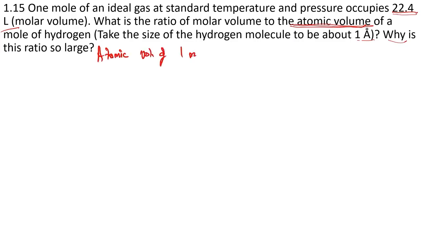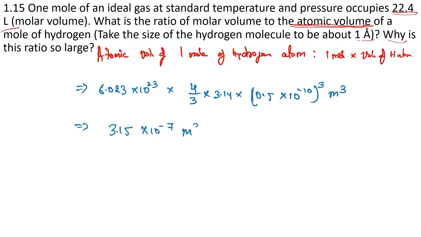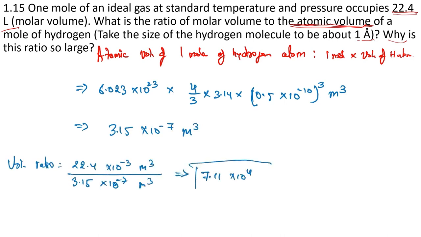The atomic volume of 1 mole of hydrogen atoms would be 1 mole multiplied by the volume of an individual hydrogen atom. So it would give us 3.15 into 10 raised to the power minus 7 meter cube. So the volume ratio, with the given 22.4 liter converted into meter cube for the same units, is 7.11 into 10 raised to the power 4.